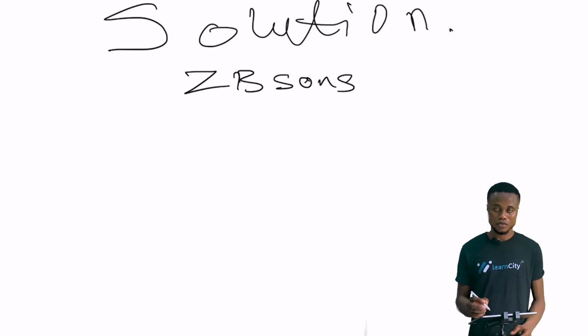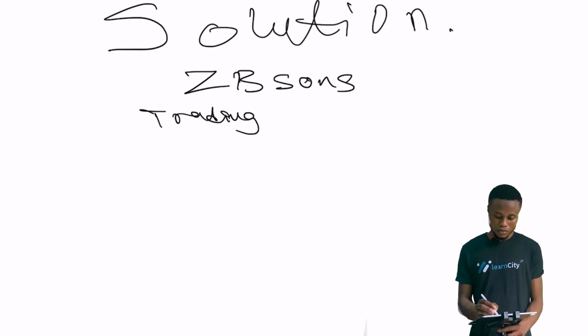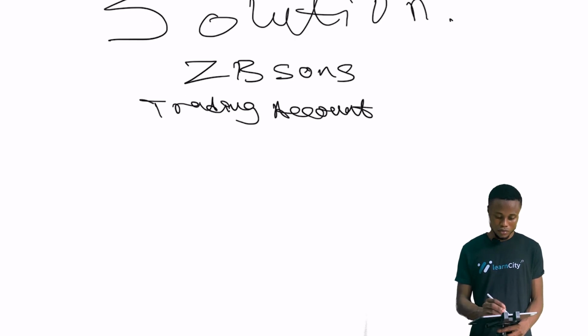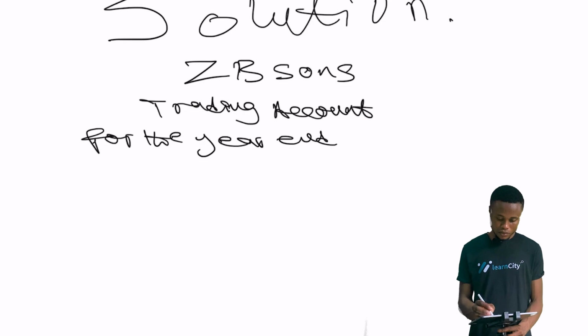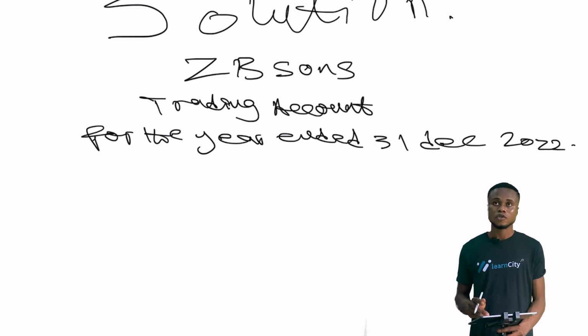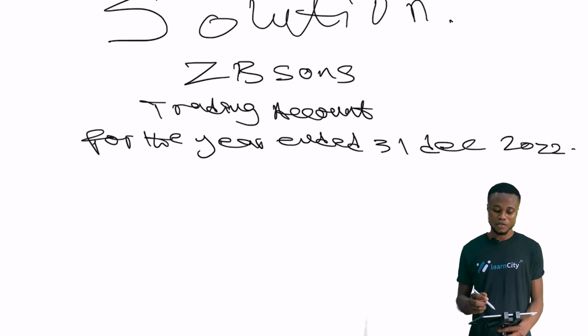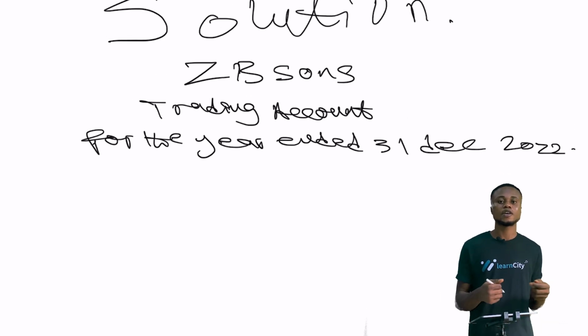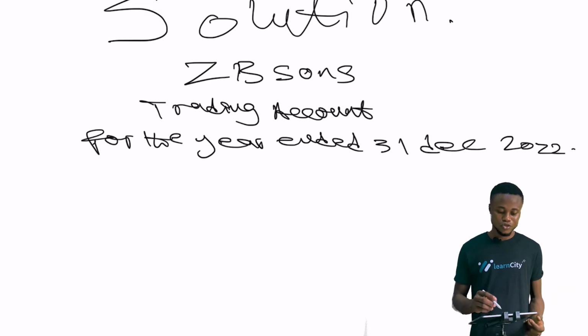ZB Sons trading account for the year ended 1st December 2022. So you have to underline it. Let me underline it.